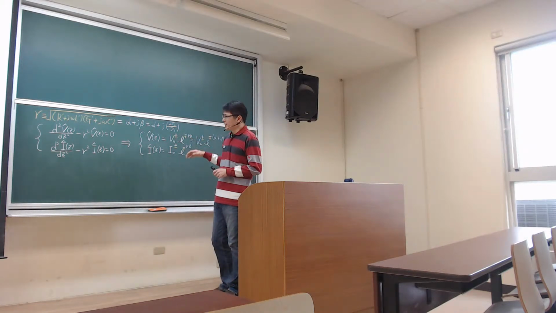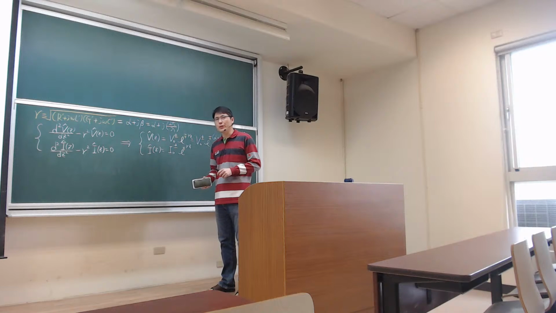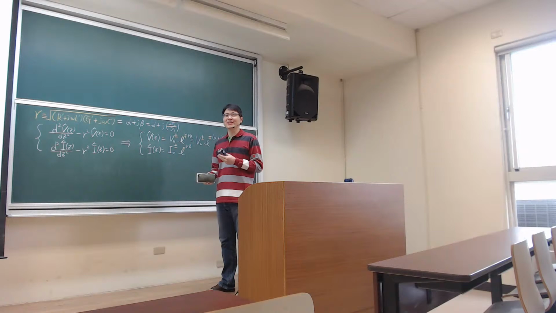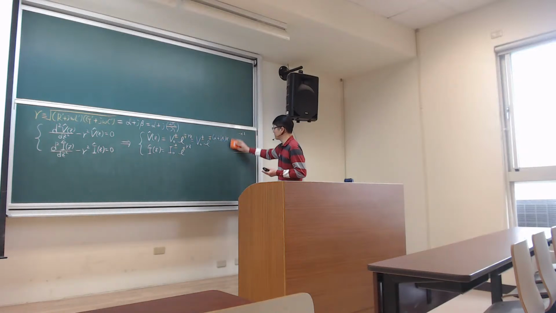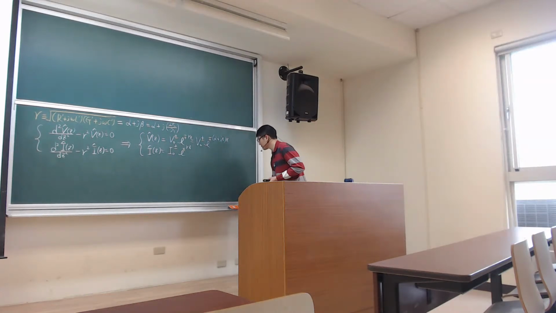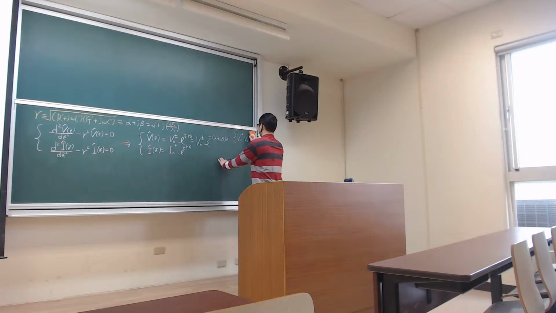So at this point, how many unknowns do we need to solve in order to completely understand what's going on in the transmission line? How many unknowns do we need to solve? Okay, we write this one.